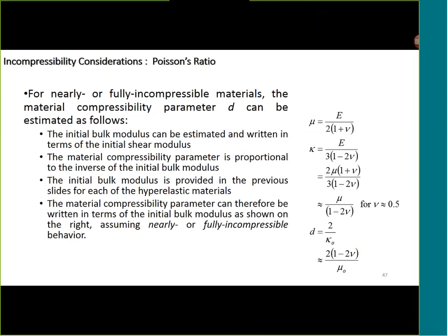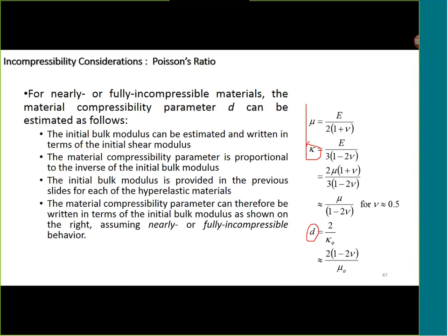Okay, here are some basic relationships between the elastic moduli and the incompressibility parameter, that is, the bulk modulus and the shear modulus that we use in hyperelastic materials. So it's quite important for you to understand the relationship.